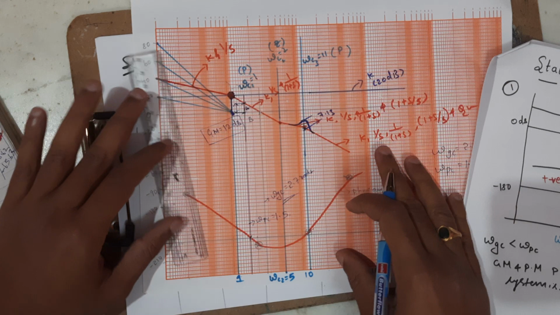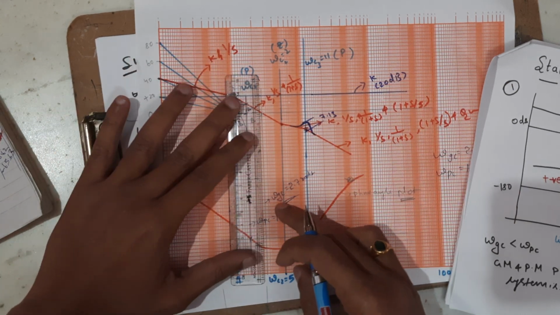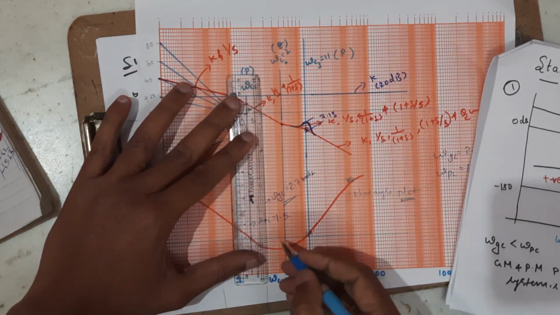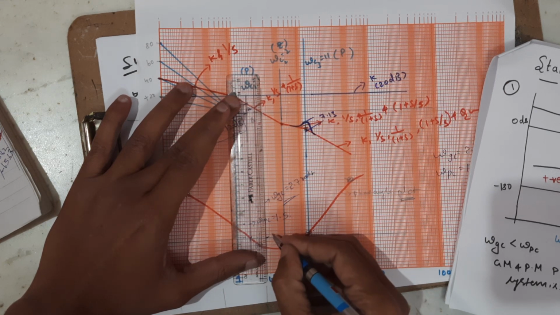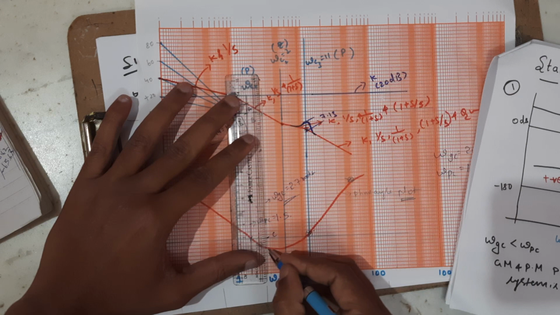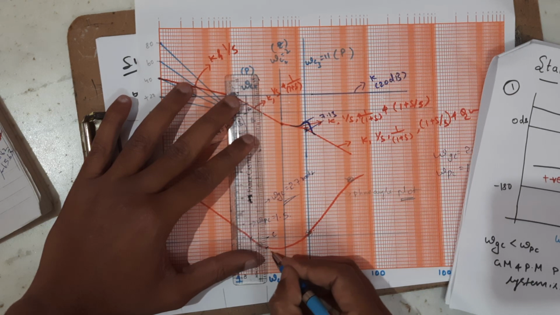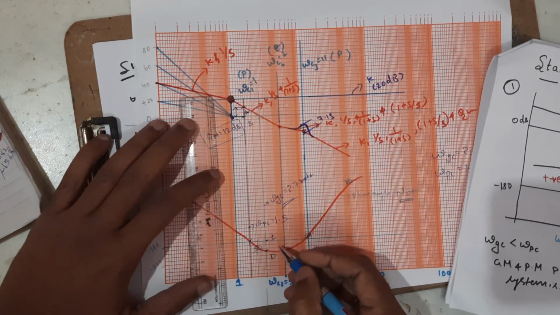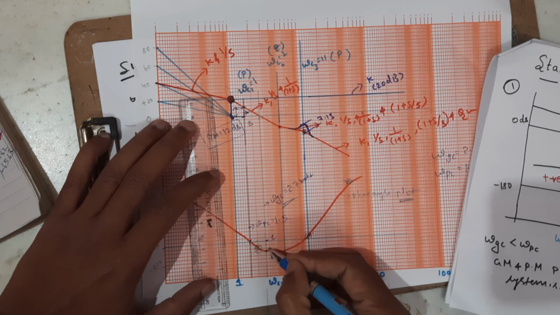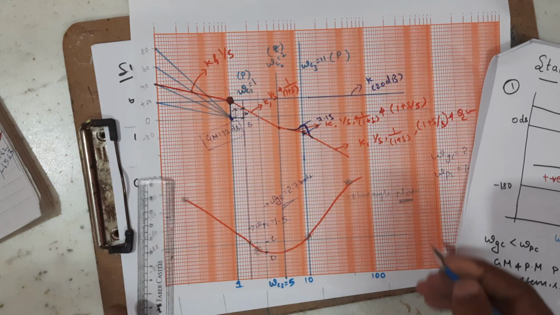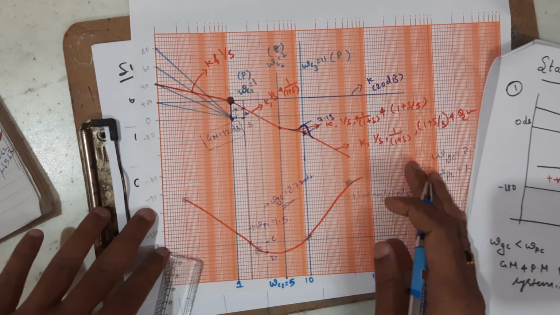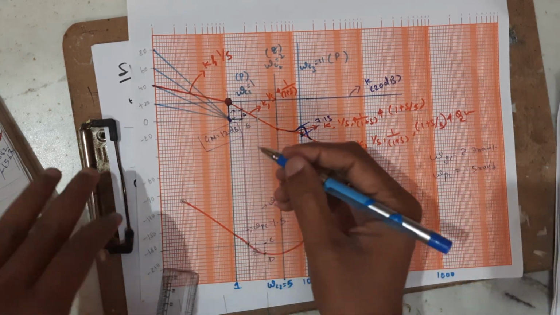For that we need to consider omega GC. Extend the line downwards. It is going to intersect at minus 180 at C and this phase angle at D. Measure these units. How many units did you get? 1, 2, 3. Approximately 3 units. Each unit represents 6 degrees.